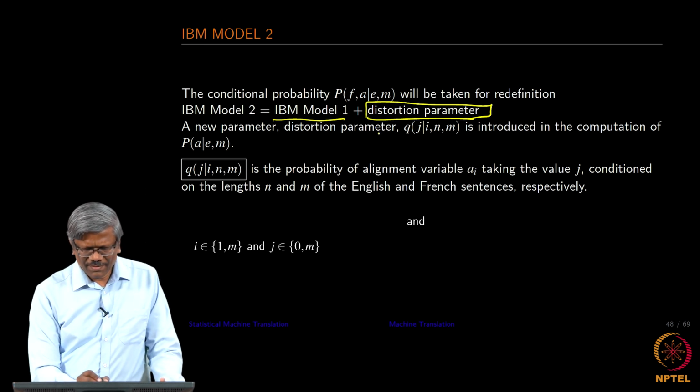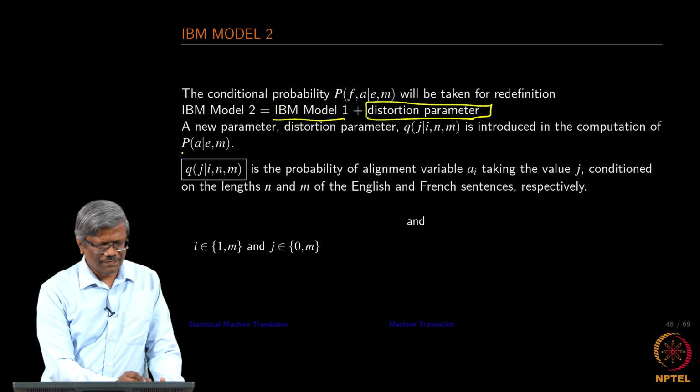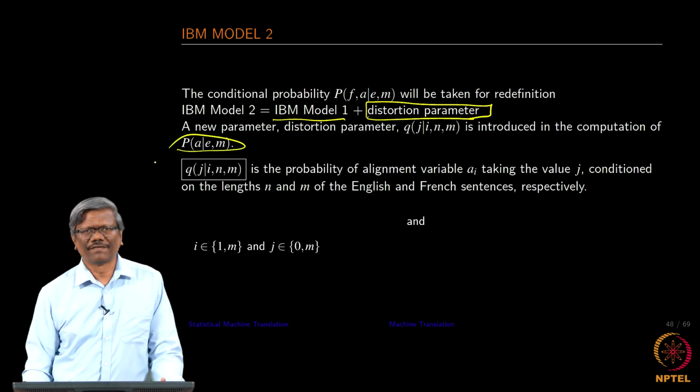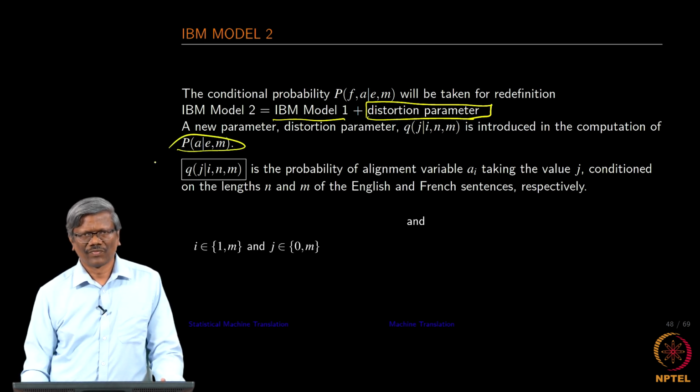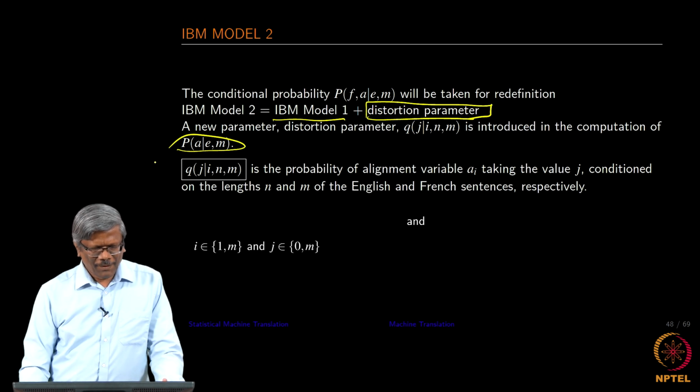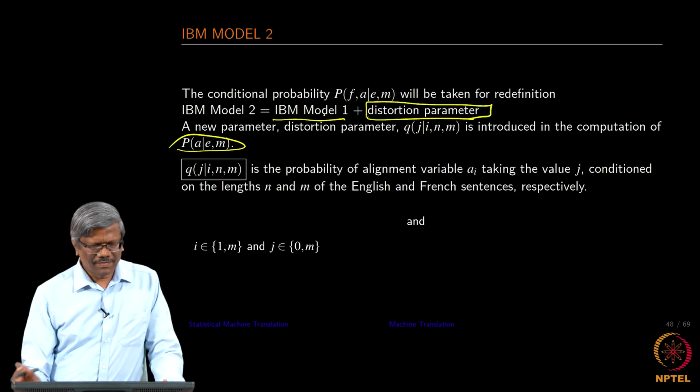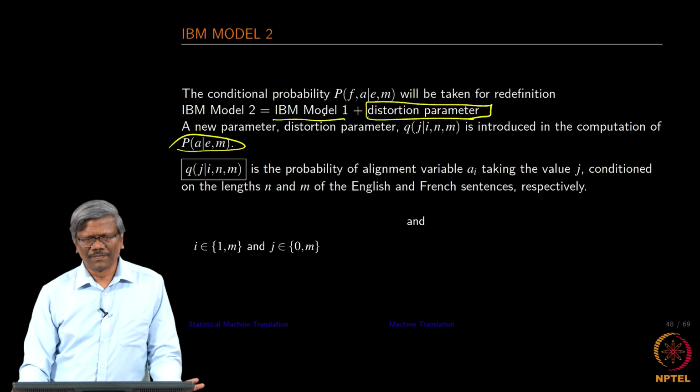So, this parameter is introduced in the computation of the translation model that we have described earlier, right. So, earlier in the IBM model 1, there are two models that we found.